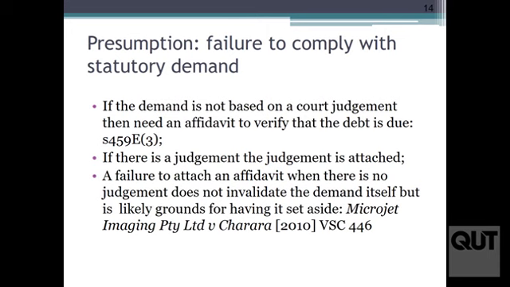And if there's a judgment, the judgment must be attached to the statutory demand. If you don't attach that affidavit, it doesn't automatically mean that the demand is invalid. So if that happens, the creditor who failed to attach the affidavit to the statutory demand is best to wait and see if the debtor company will try to have the statutory demand set aside.